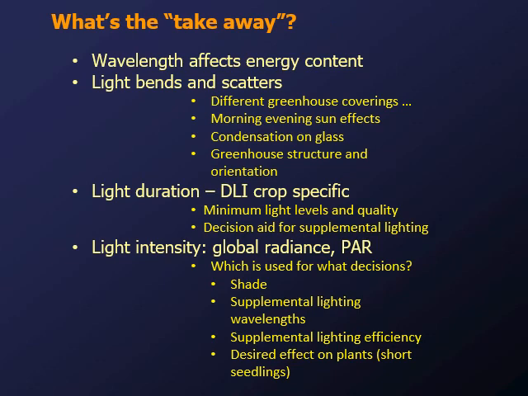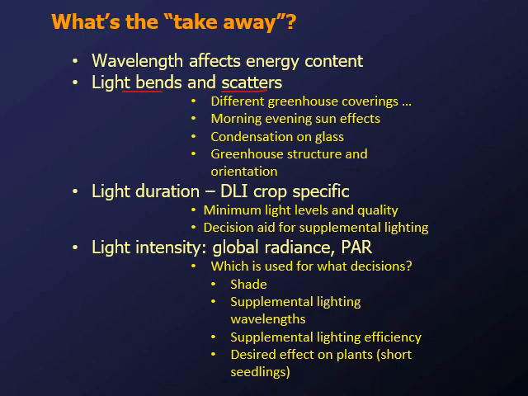So what's the takeaway? Wavelength affects energy. From the previous lesson, we talked about UV being high energy wavelengths that burn, and red being sort of lower energy. We talked about how light bends and scatters, and how that's interesting in the greenhouse in terms of getting through the different layers, and also how diffusion can be beneficial sometimes.